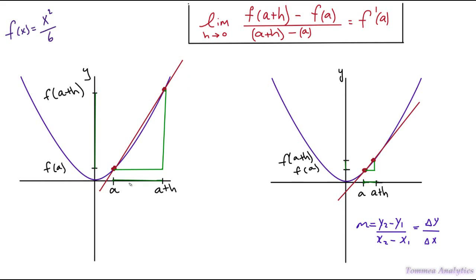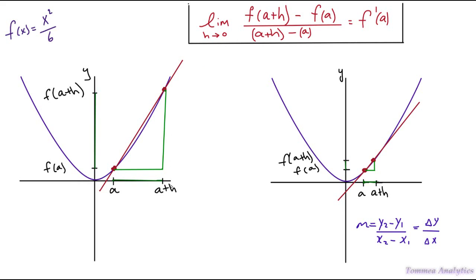Essentially what we've done is we've started with a and we've added on a distance to a. That distance is h. So we are out a distance of h from a. What we do is we say that we take the limit as h approaches 0.